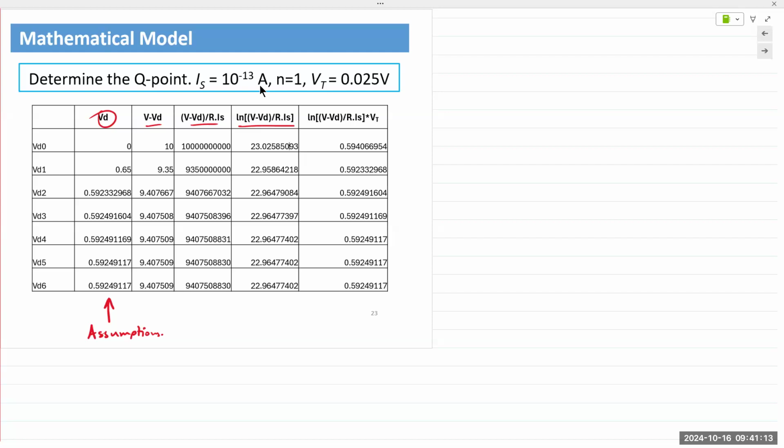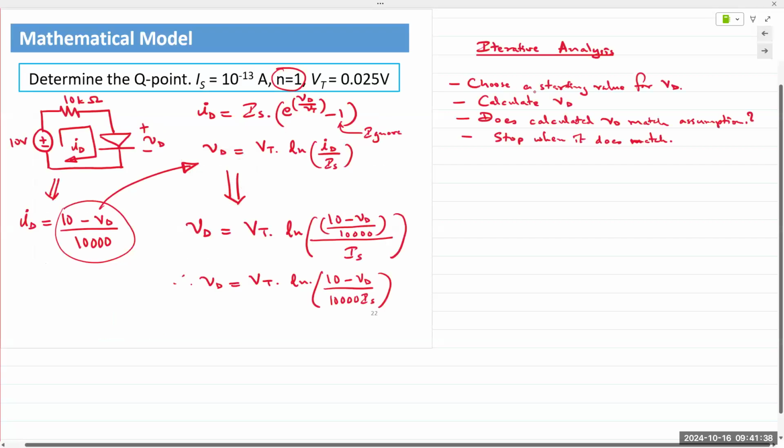So as a starting point, you always want to make an educated guess, right? Educated guess means if this is a silicon diode, and I'm assuming that the diode is going to be on, then the diode voltage should be somewhere between 0.6 and 0.7. Y'all with me so far, right? So when I wrote down here, choose a starting value for VD, if it's a silicon diode, I know it has to be somewhere between 0.6 and 0.7.